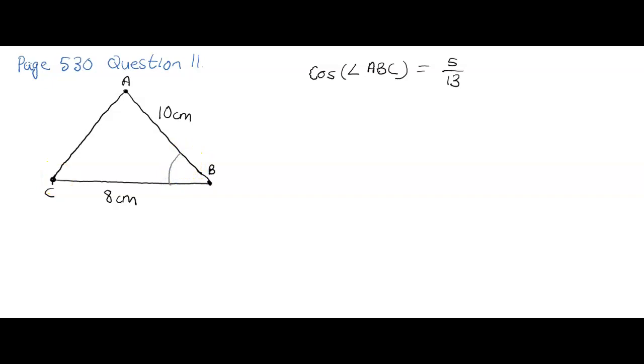Okay, so then I know that the angle ABC is equal to cos inverse 5/13. So angle ABC is equal to shift cos 5/13.